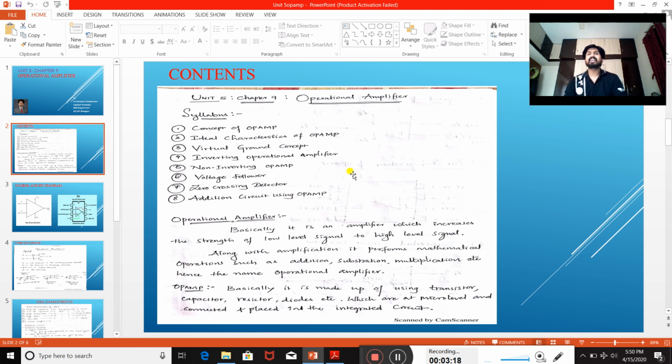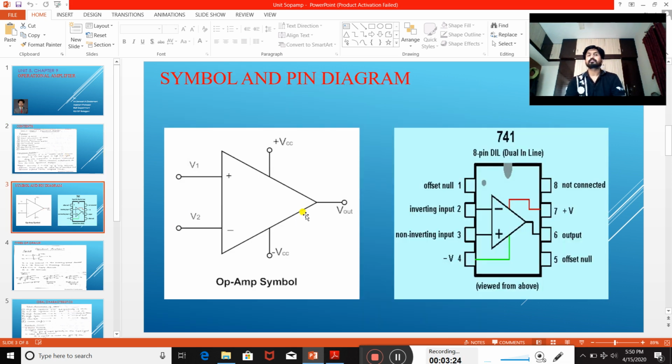This can be explained with the help of the symbolic diagram and pin configuration. Here these two diagrams show the symbol and pin configuration. This symbol consists of two input terminals and one output terminal along with two supply terminals.